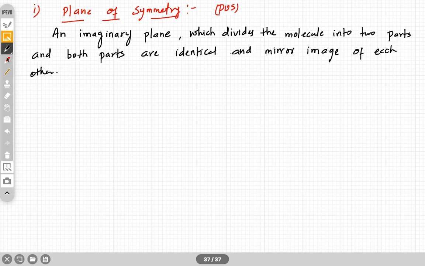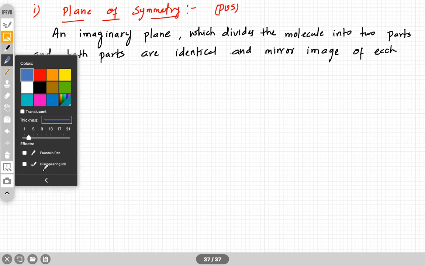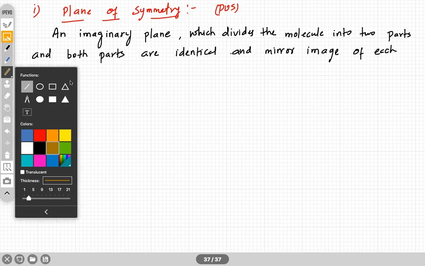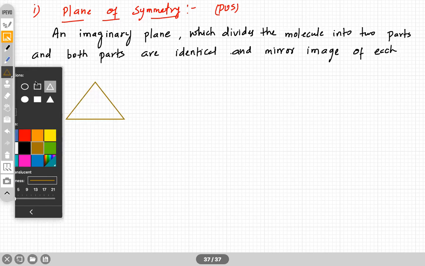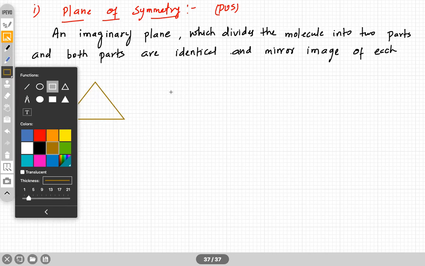Let us try and understand this. What is a plane of symmetry? How do we identify it? Let's take cyclopropane, for example. Or if you take a cyclobutane, or you take a circle, or if you take a pentagon, or any other such structure.